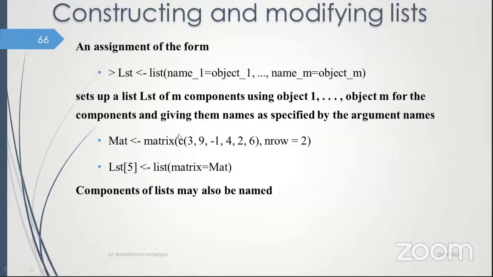And as another example, I'm going to create a matrix with these values, and the number of rows might be 2. And I'm going to add it as the 5th component of the LST.